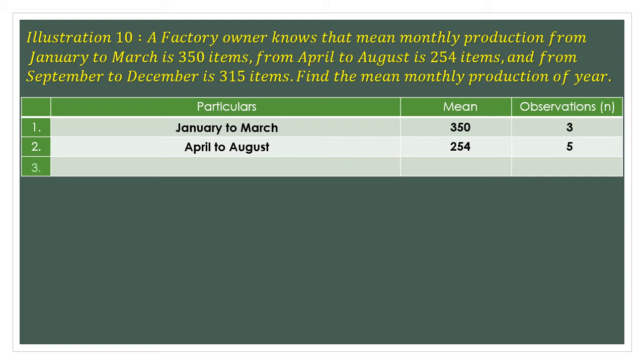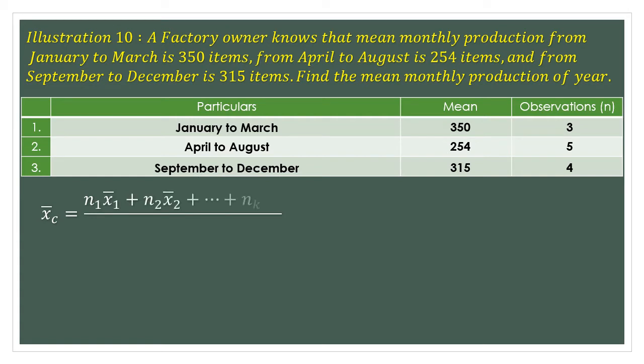In the last group, that is September to December, the average of items is 315 and the number of months is September, October, November and December, which makes 4 months. And when you total the observations, you will see that 12 months are there. That means we just have to find the data for 1 year. Start by writing down the formula here, that is x bar c.